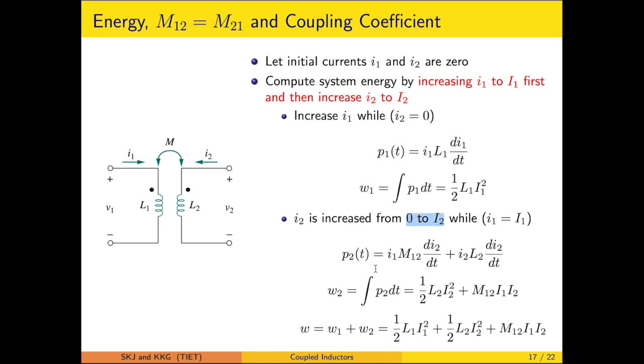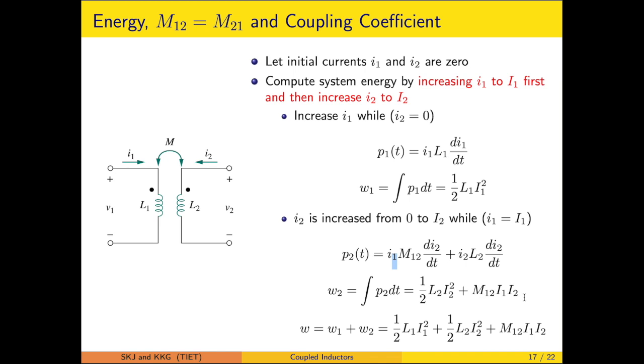So the power will be I1 M12 into di2 upon dt plus I2 L2 di2 upon dt. This gives half L2 I2 square plus M12 I1 I2.